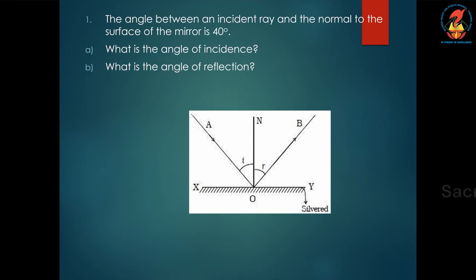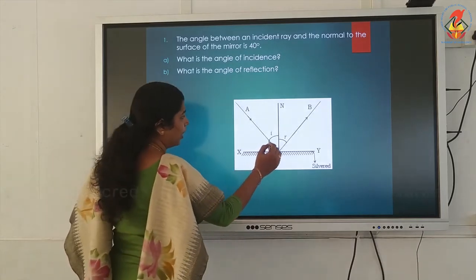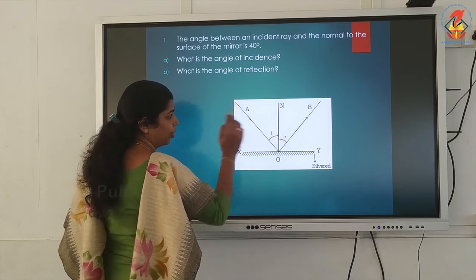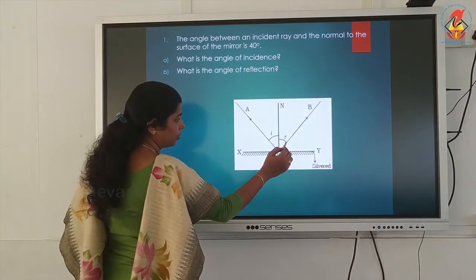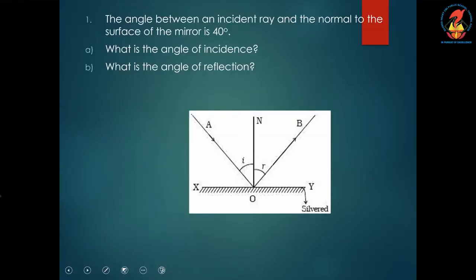Angle of incidence is the angle between the incident ray and the normal, so that is 40 degrees. Now, what is the angle of reflection? That is the angle between the reflected ray and the normal. That is also 40 degrees as per the laws of reflection of light.